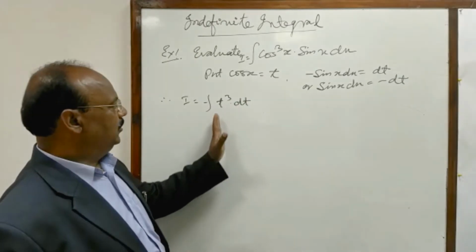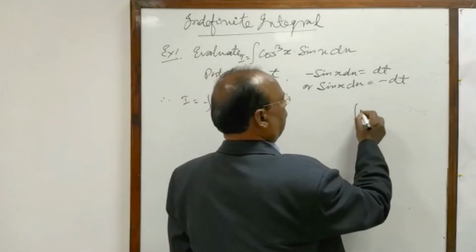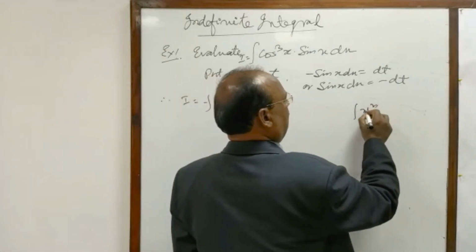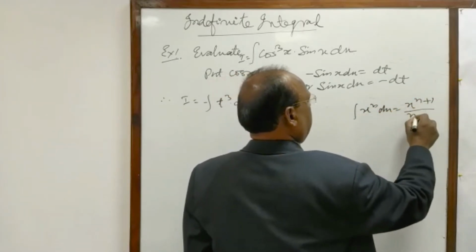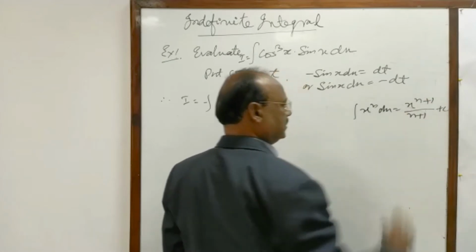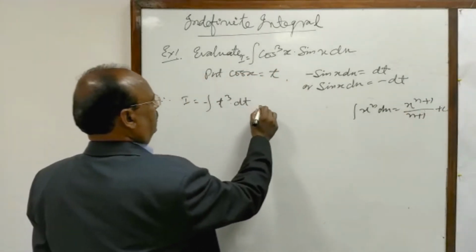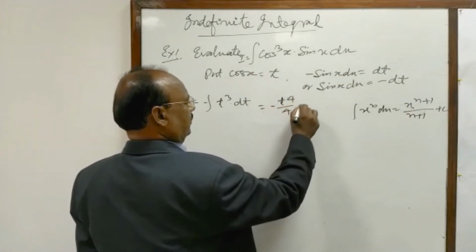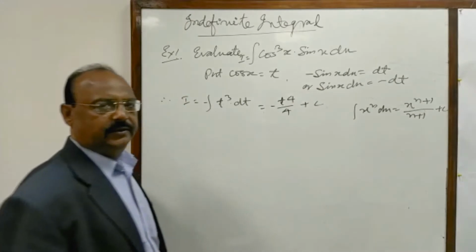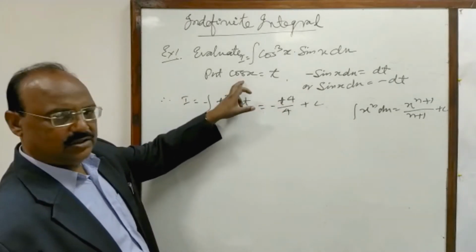We know how to get the value of this integral. Just try to recall the formula. Integral of x to the power n dx is equal to x to the power n plus 1 by n plus 1 plus c. So accordingly we can write this is equal to minus t to the power 4 by 4 plus c, and putting the value of t is equal to cos x, we will get the result.